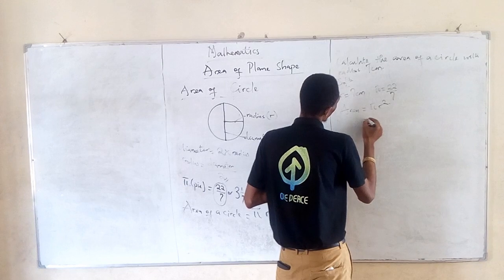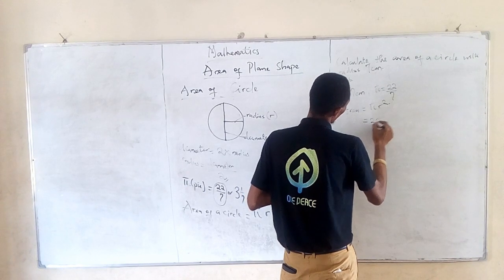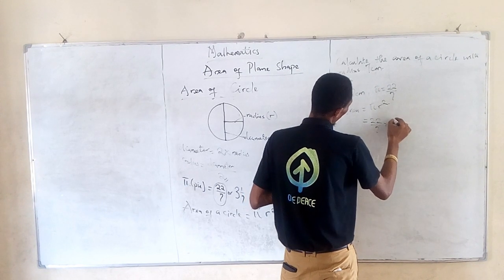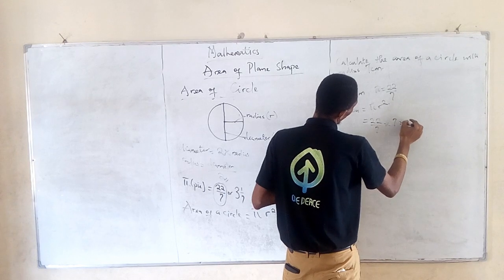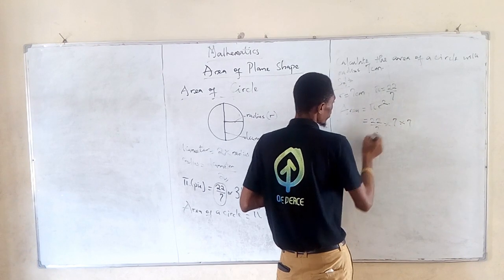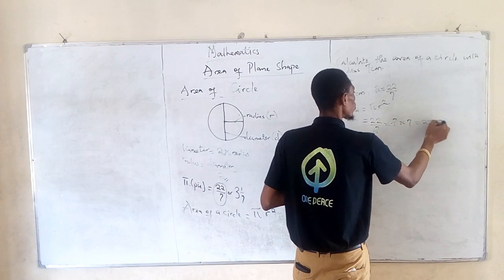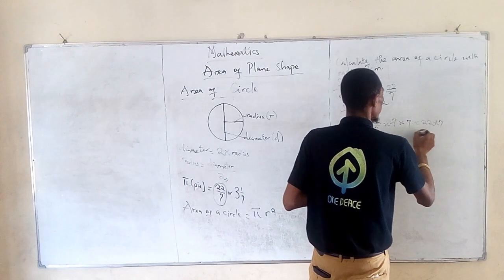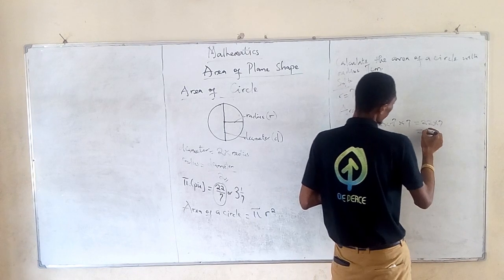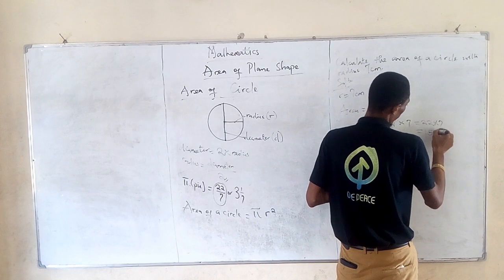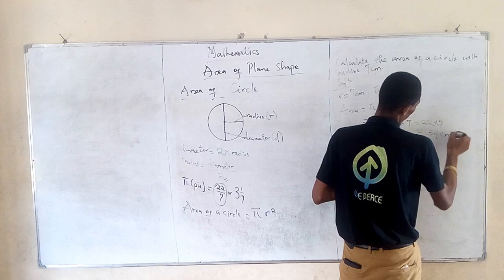So we have 22 over 7 multiplied by 7 multiplied by 7. Very simple. This 7 cancels the 7. So we have 22 multiplied by 7, which is equal to 154 centimeters squared.